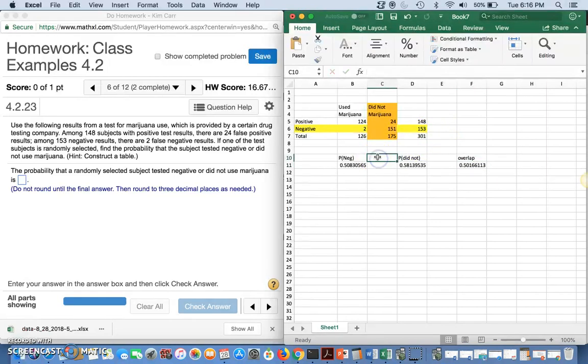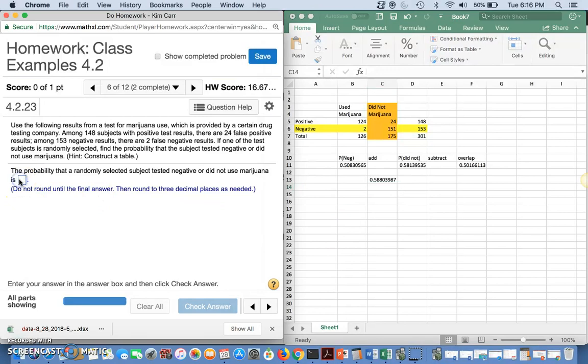So we add those two and then we subtract the overlap. Let's put that in. Equals sum. We want that number plus that number, subtract that number.